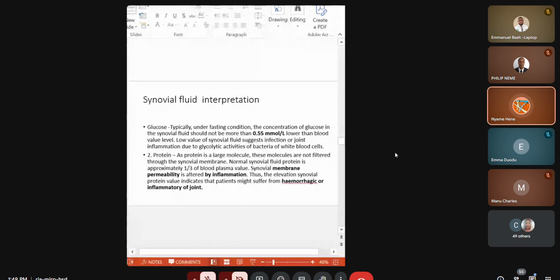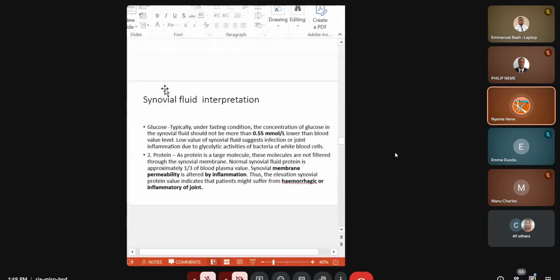Typically, under fasting condition, the concentration of glucose in the synovial fluid should not be more than 0.55 millimole per liter lower than the blood value level. They have their ranges.